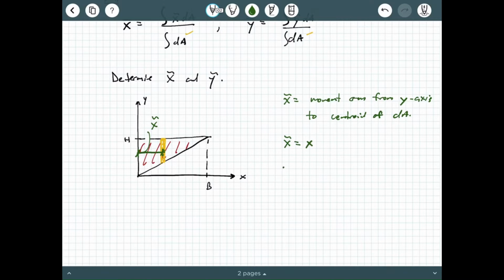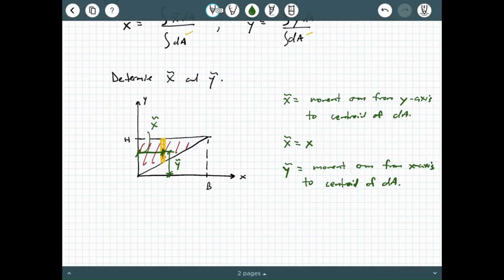What about y tilde? Same definition: the moment arm from the x-axis to the centroid of dA.